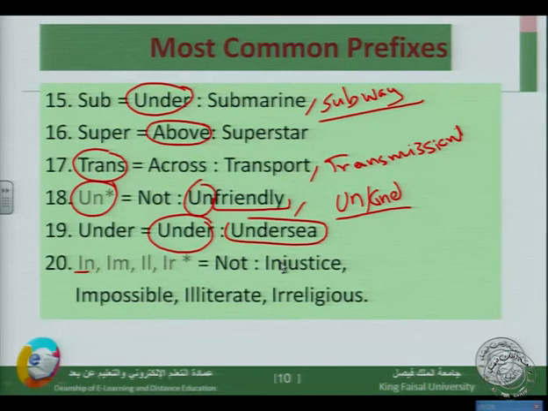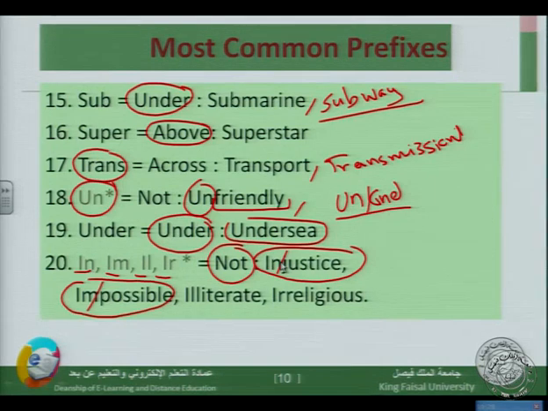The following prefixes, in, im, il, and ir, are all giving the negative meaning. They mean not. For example, we have the word justice, and injustice. Possible and impossible. Literate, illiterate. Literate means educated, and illiterate means unlettered. Religious, irreligious.